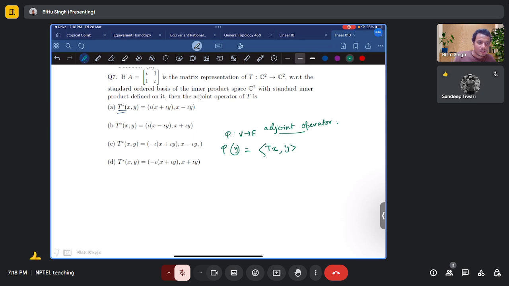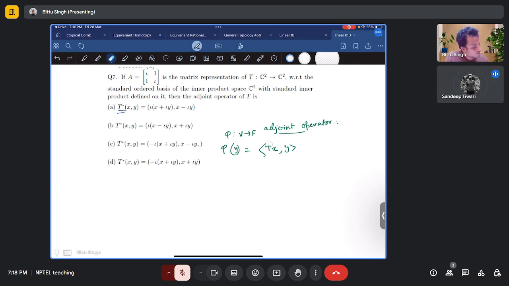Sorry, this is not a linear functional. There is a slight issue, because for c times y, some conjugate will appear.